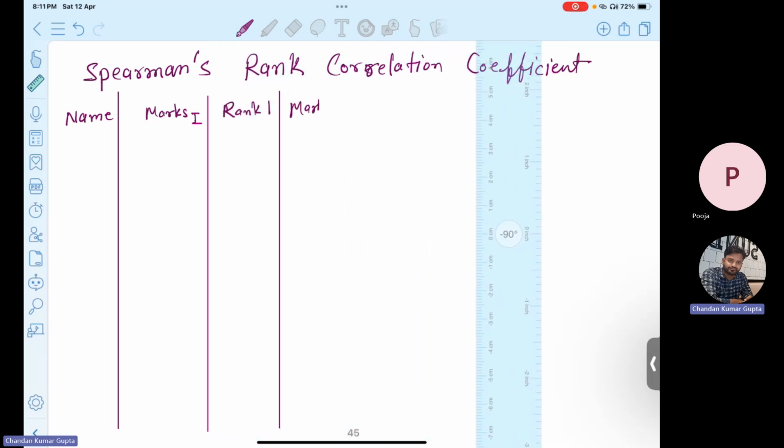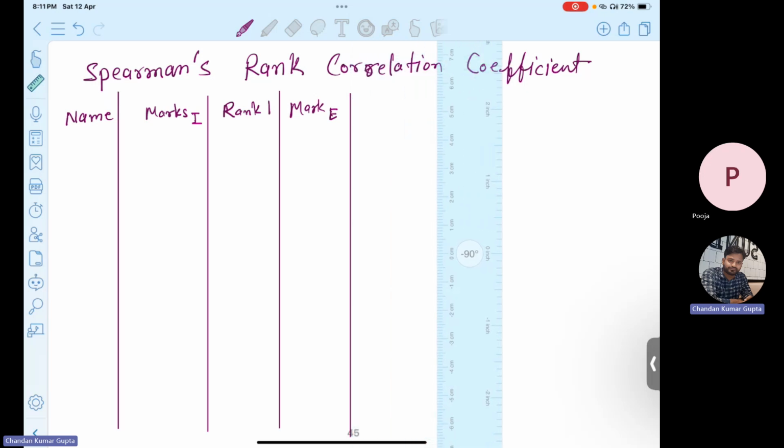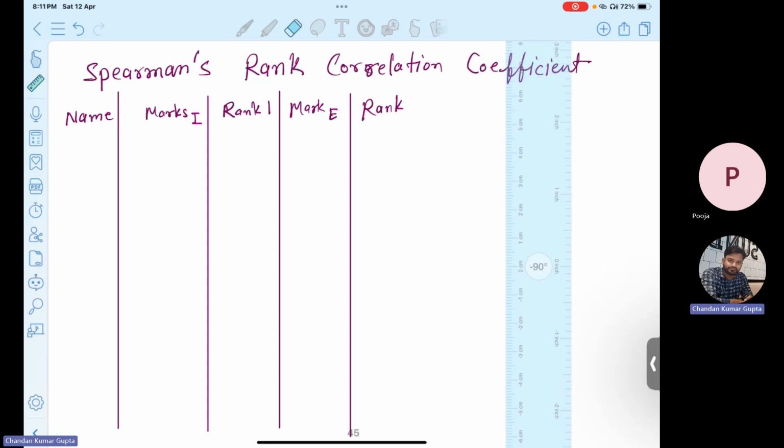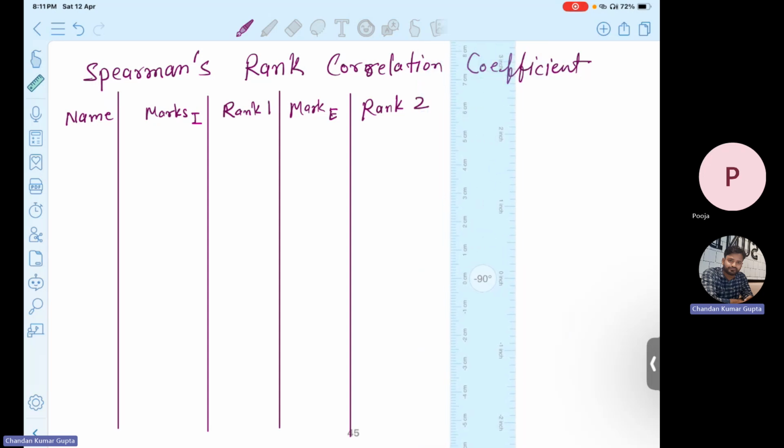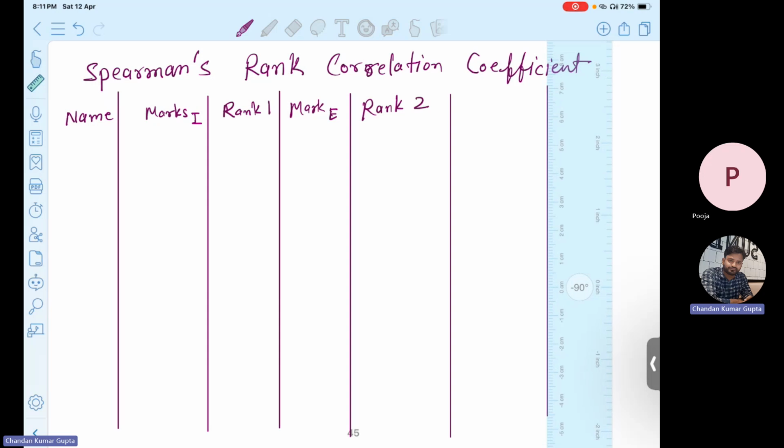Then external marks, suppose I am writing it as marks E, and then the rank for this. Then we have D, which is equal to R1 minus R2, and at last D square.